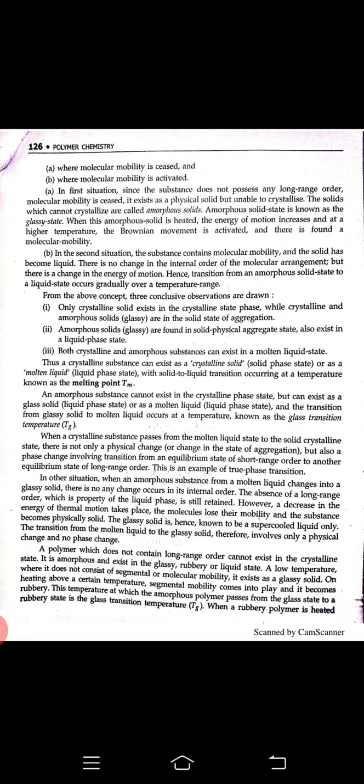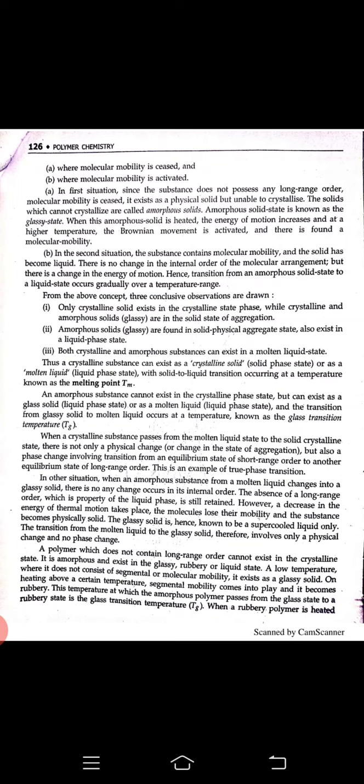First, only crystalline solids exist in the crystalline phase state, while crystalline and amorphous solids are in the solid state of aggregation. Second, amorphous solids are found in the solid physical aggregate state and also exist in the liquid phase state. Third, both crystalline and amorphous substances can exist in the molten liquid state.